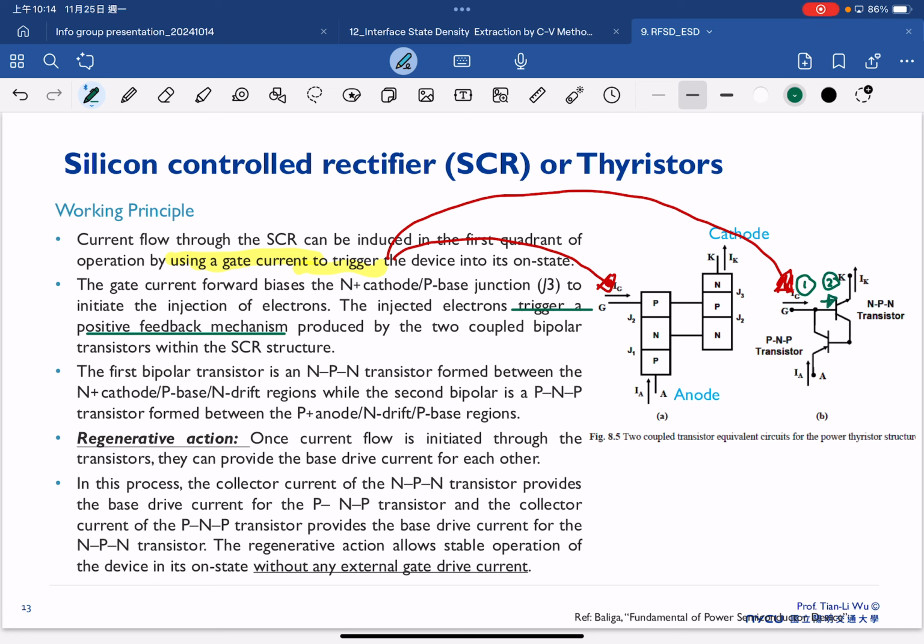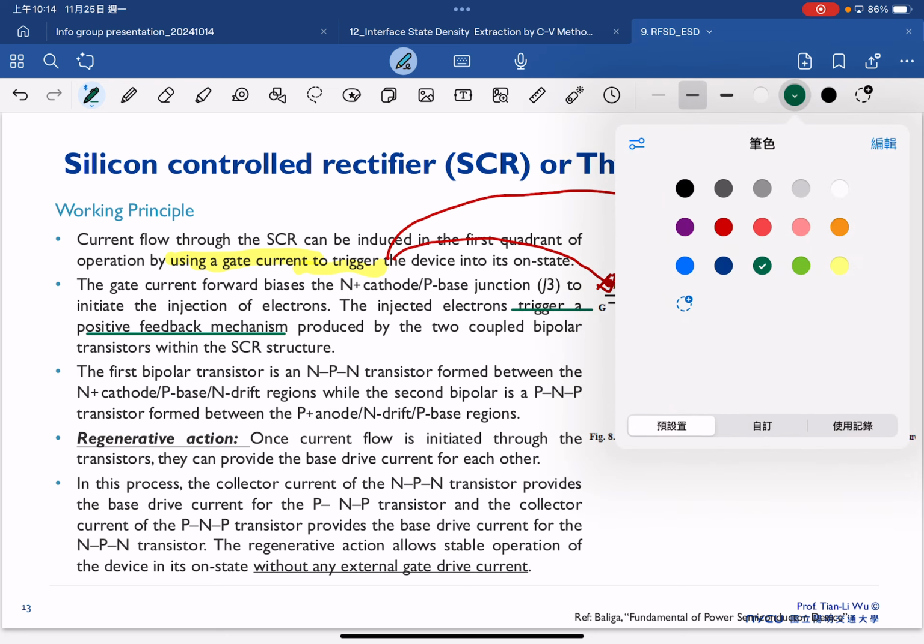If you are familiar with the BJT, the BJT is a current-driven transistor, while the MOSFET is voltage-driven. So this base current will start to trigger this NPN, and once this NPN is turned on, we see the NPN has a current flowing in this way.